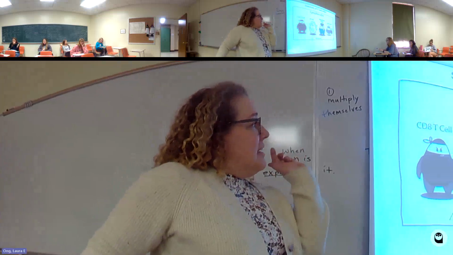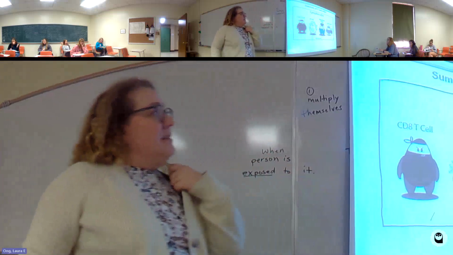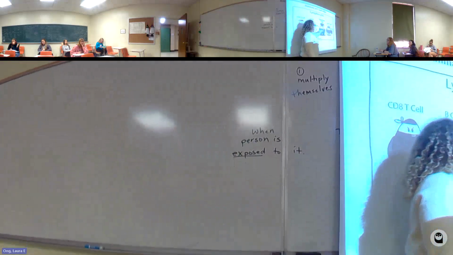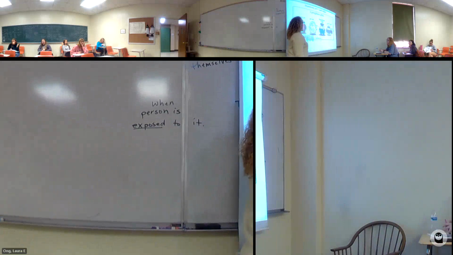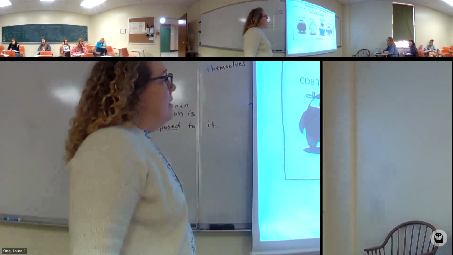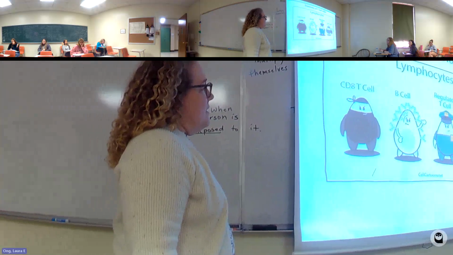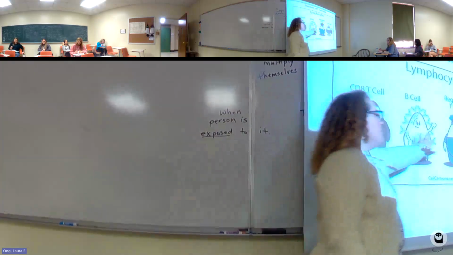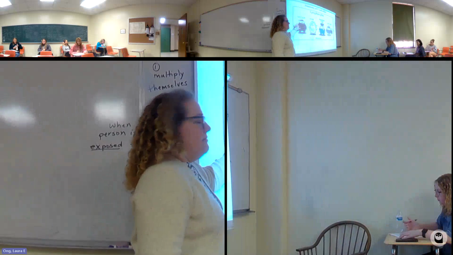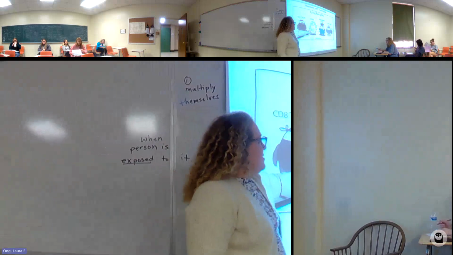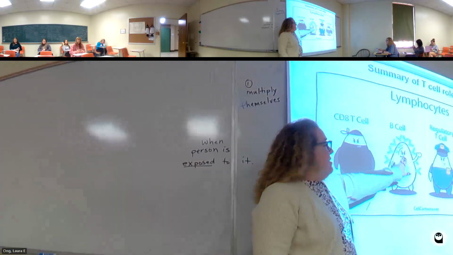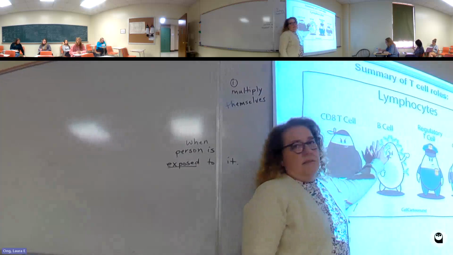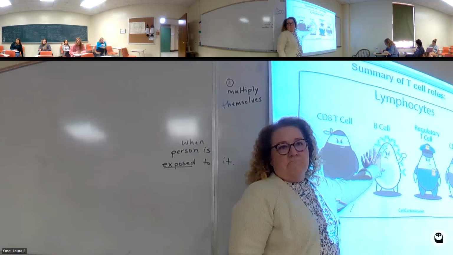So this is a listing of types of lymphocytes, and it's actually got the versions of T cells and a B cell on there. And what I'm going to do on this is just tell you what is the name of each of these that we've already learned. So this is the B cell, and you can see on its surface, it's got antibodies sticking out there.